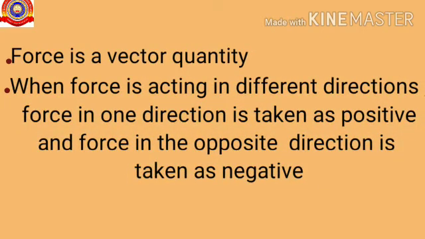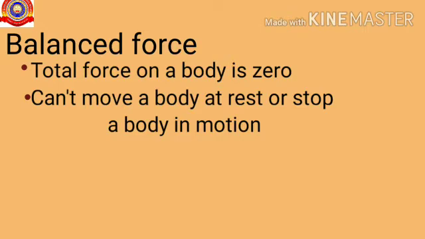So let's consolidate. Force is a vector quantity, that means force has both magnitude and direction. When forces are acting in different directions, force in one direction is taken as positive and force in the opposite direction is taken as negative. That's the way we find the total resultant force. Then balanced force: the total force on a body is 0, and it can't move a body at rest or stop a body in motion, that means it doesn't change the motion.